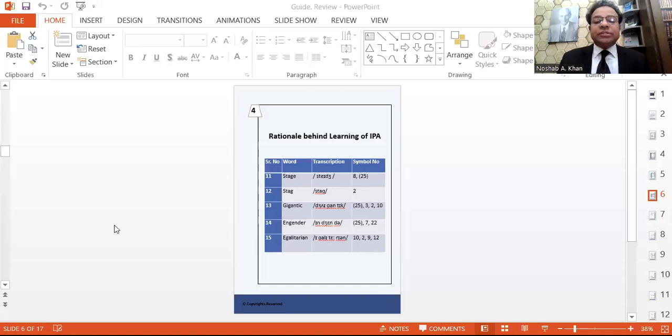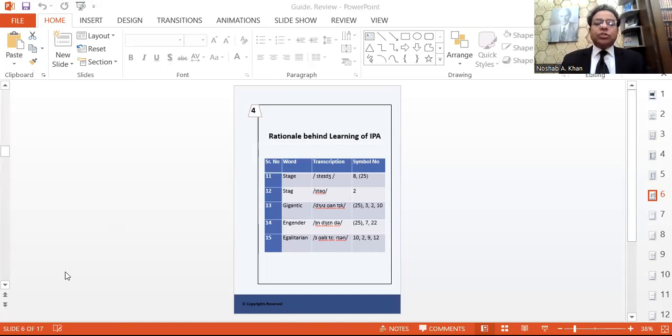Now, I have another key reason to share for why the knowledge of these sounds and symbols can play a vital role to enable us to pronounce these entries in an accurate manner. Let's have the example of letter number 7 of the English alphabet, that is G, which occurs in good, God, etc.